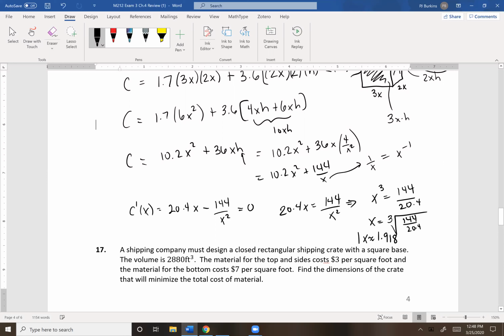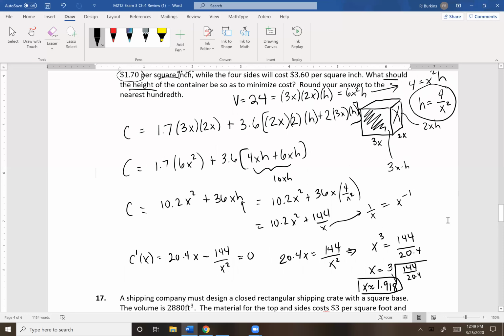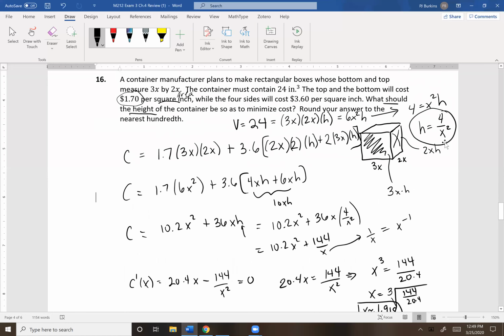Part of me is hoping I may have made a mistake here, because that number is not very nice. So we'll check the answer in a second.